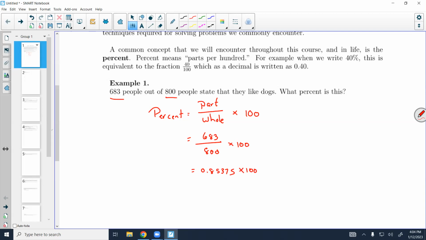And then when we multiply a decimal by 100, we just move the decimal place 2 spaces, right? Or we can just multiply it and we end up getting 85.375%. Everybody okay with that?